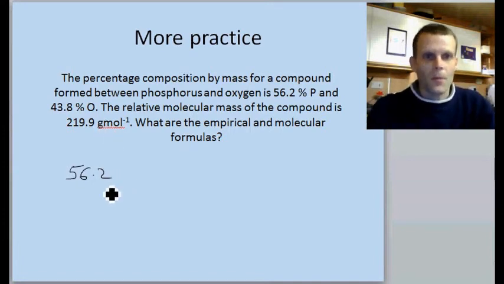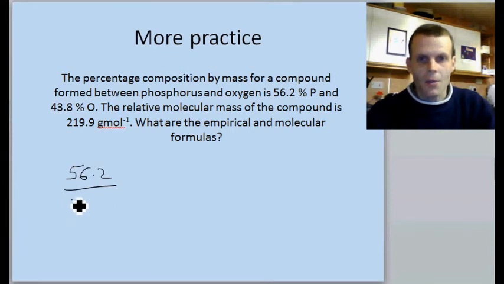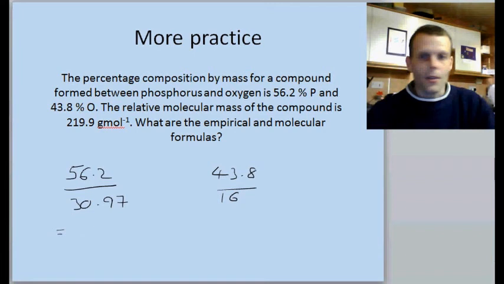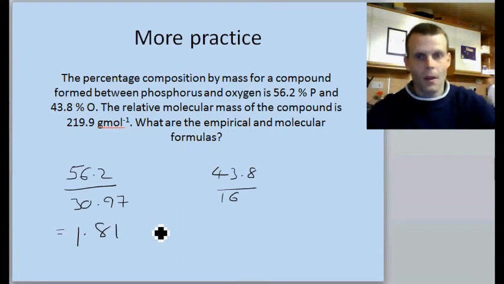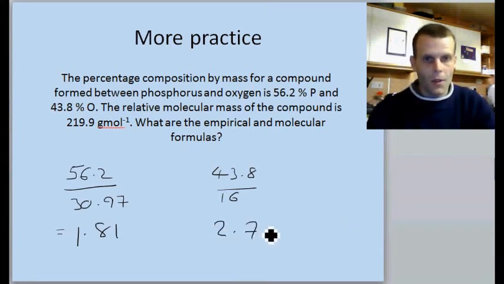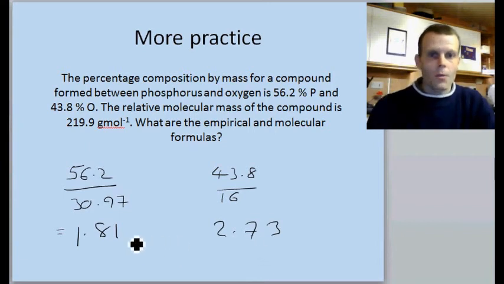So the mass of my phosphorus is 56.2, the mass of 1 mole of that is 30.97, and then my oxygen, I've got 43.8 divided by 16, and working those out, this is 1.81, this is 2.73.